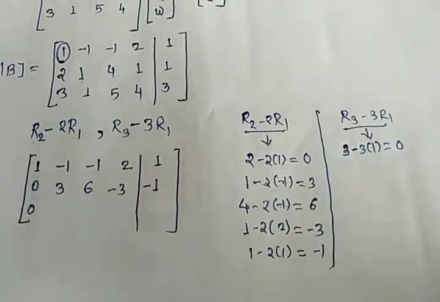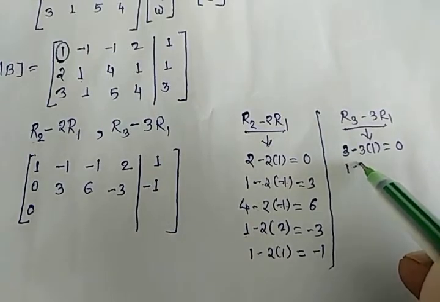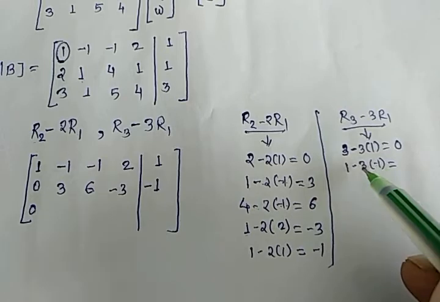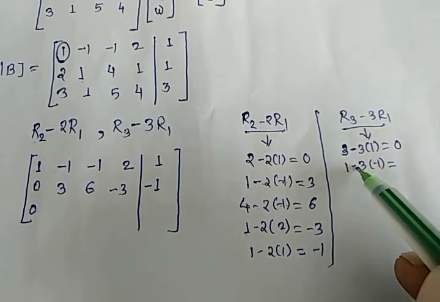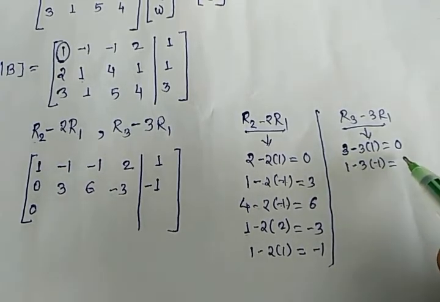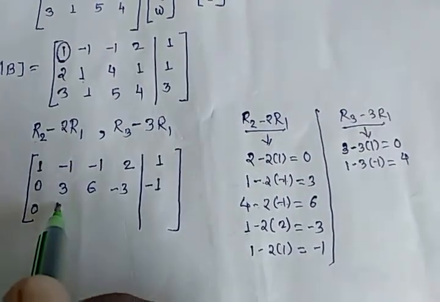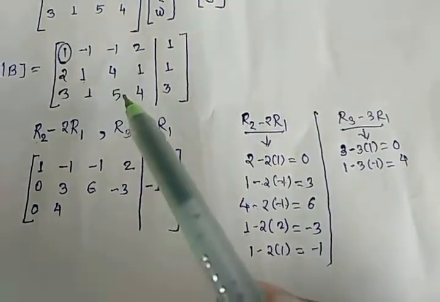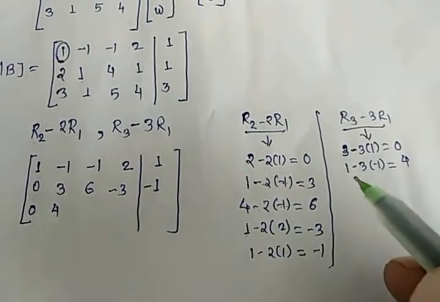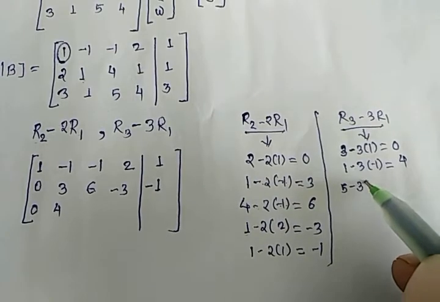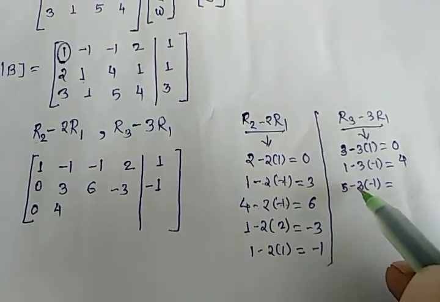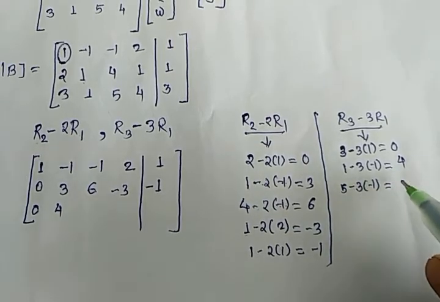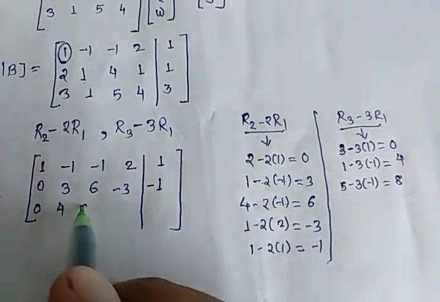Next, 1 minus 3 into -1: minus minus is plus, 3 into 1 is 3, so 1 plus 3 is 4. Next it is 5 and -1, so 5 minus 3 into -1 is 5 plus 3, which is 8.